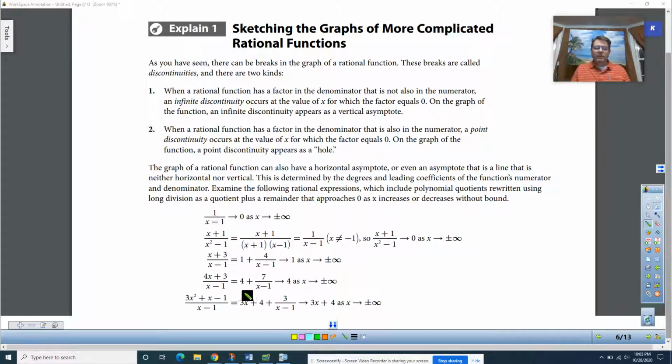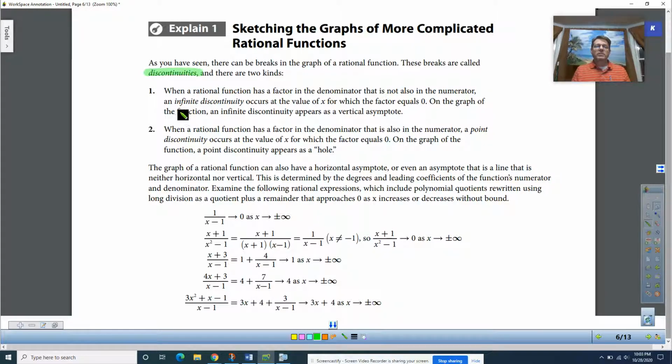Don't forget about the fancy words. We talked about things called discontinuities. That's when you're moving along the graph and it doesn't continue. Those asymptotes cause discontinuity, and there are 2 different kinds of discontinuity.